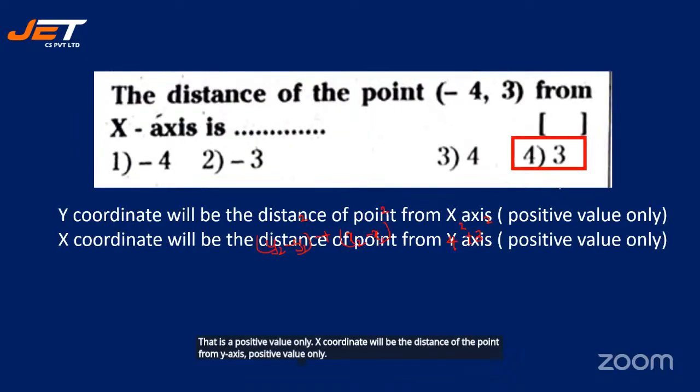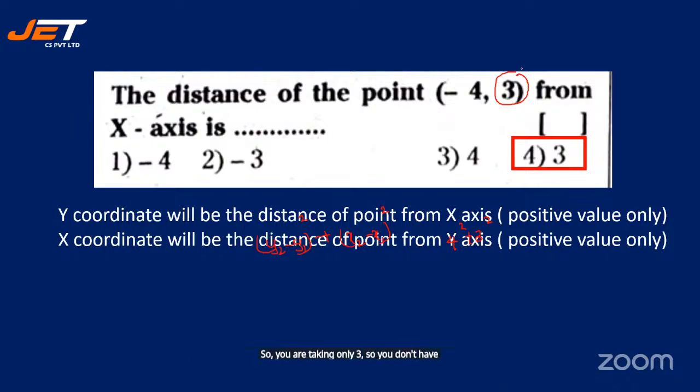So here you don't have to actually use the distance formula, because they say the distance of the point -4, 3 from x-axis. So from x-axis, you take the y coordinate, and you should take only the positive value. So you are taking only 3. You don't have to find out the distance and then get the value of 3.